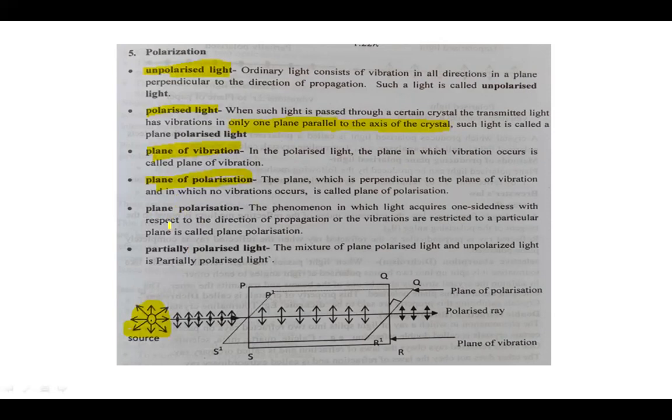So plane polarization is the phenomenon in which light acquires one-sidedness with respect to the direction of propagation, or the vibrations are restricted to a particular plane. The mixture of plane polarized light and unpolarized light is called partially polarized light.